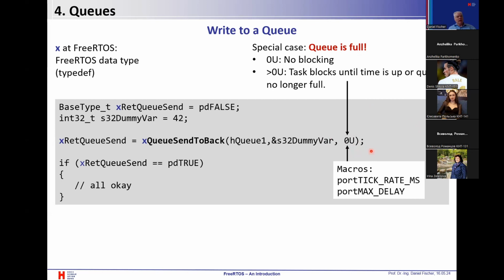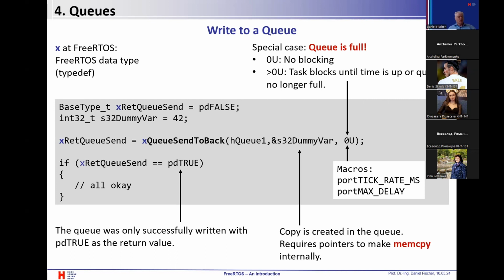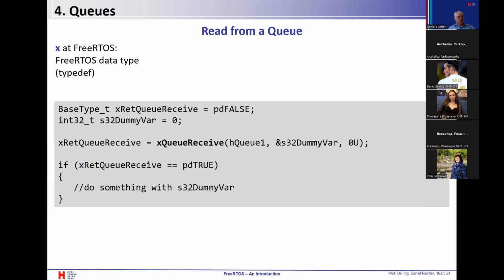If it is 0, then the program is executed in a regular way, and if it's greater than 0, then the task becomes blocked and is not running anymore. Here we have to check whether it was successful or not. We have to put a copy inside, which means we have to pass a pointer to the data which we want to store.